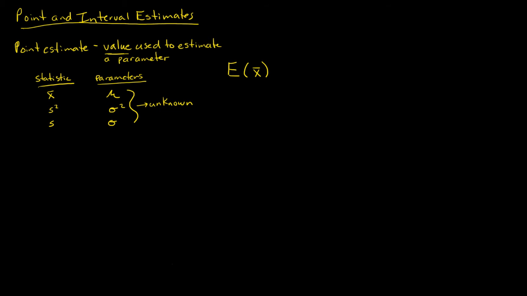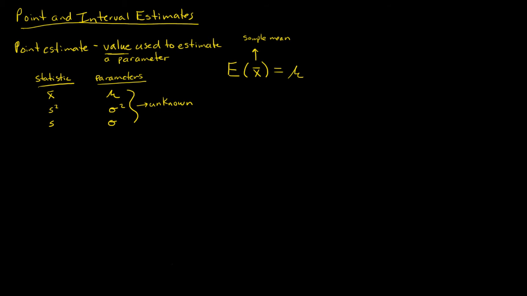So the point estimate of the sample mean, remember this here is the sample mean, equals mu, which is the population mean. And this basically denotes that the sample statistic, the x bar, is an unbiased point estimate of the parameter mu.